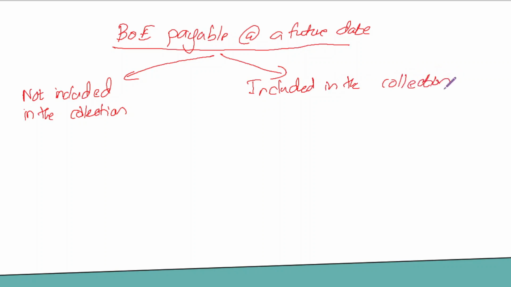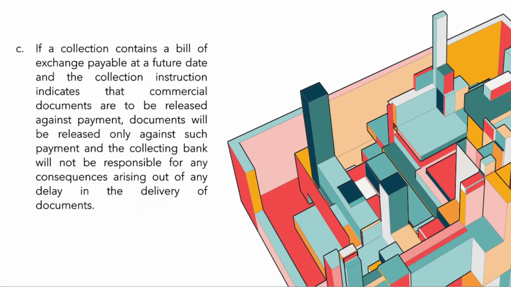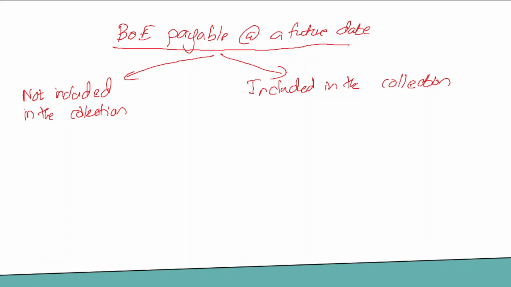So go back to subsection A and refer to it. It says collection should not contain a bill of exchange payable at a future date with instruction that commercial documents are to be delivered against payment. So, if a bill of exchange payable at a future date is not included in the collection, what can you do?